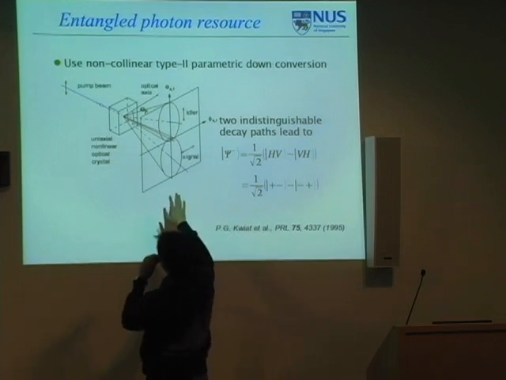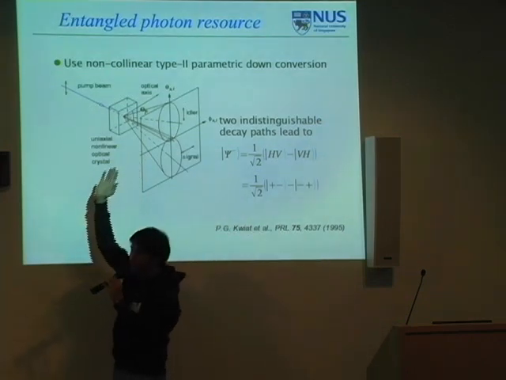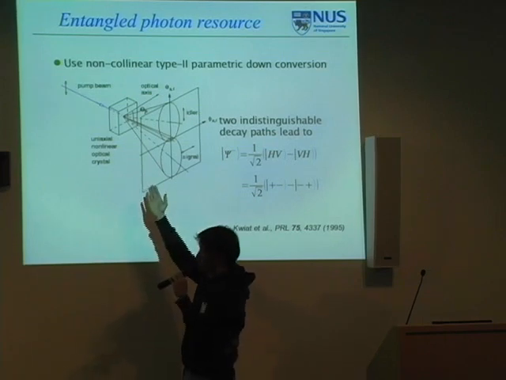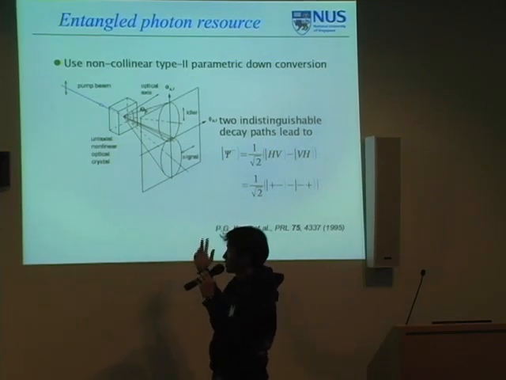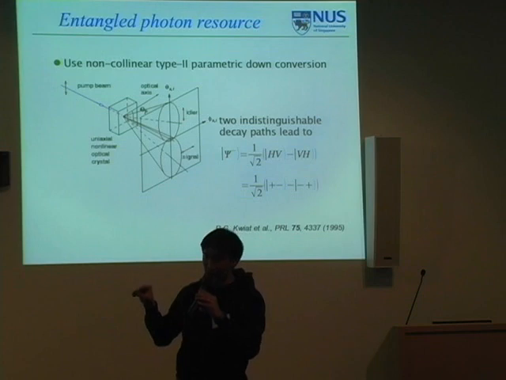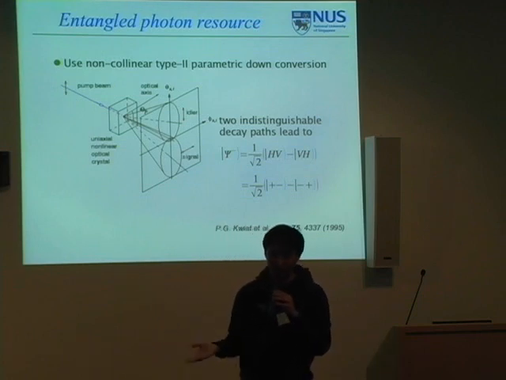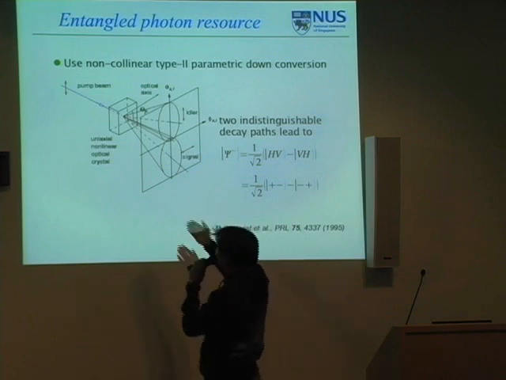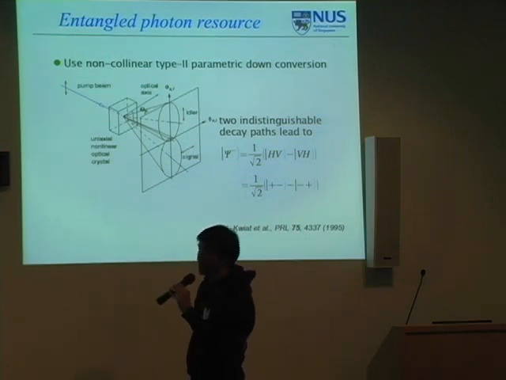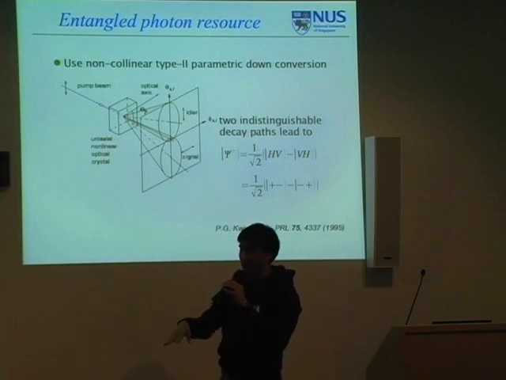So what you do is that you take some kind of nonlinear optical crystal like BBO. Okay, nonlinear optical crystals are the sort of things which are quite common in nonlinear physics or laser physics, where you try and change the frequency of light. Some of you might be familiar with things like second harmonic generation. What happens is you don't do second harmonic generation here, you do something called spontaneous parametric down conversion, which is the reverse.